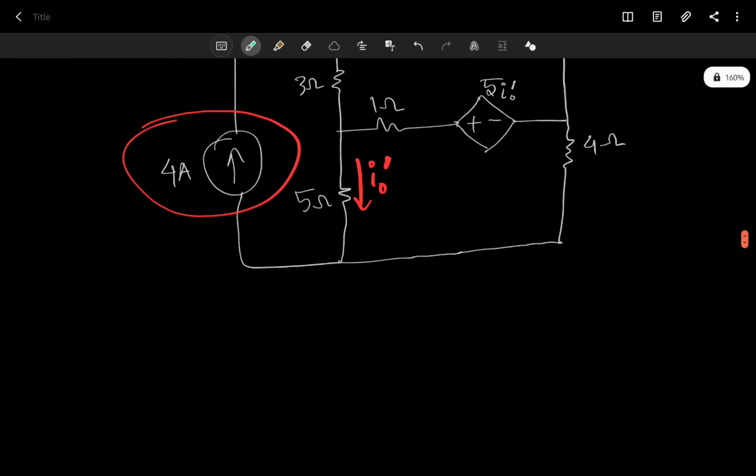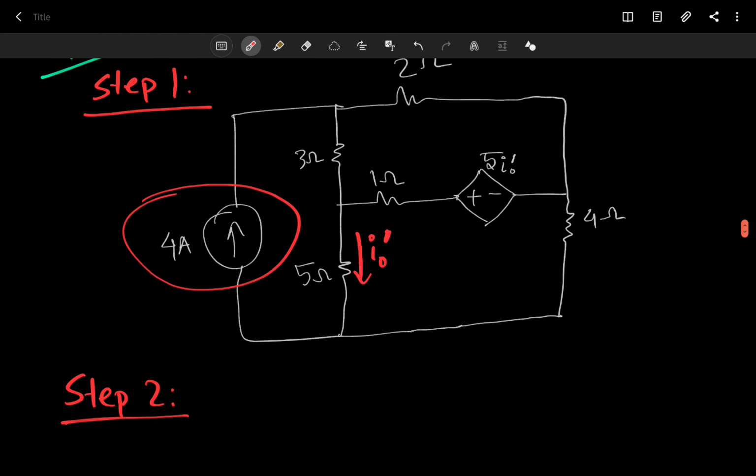Now we have to do step 2, which was to solve the whole circuit. Maybe we take this as our ground.